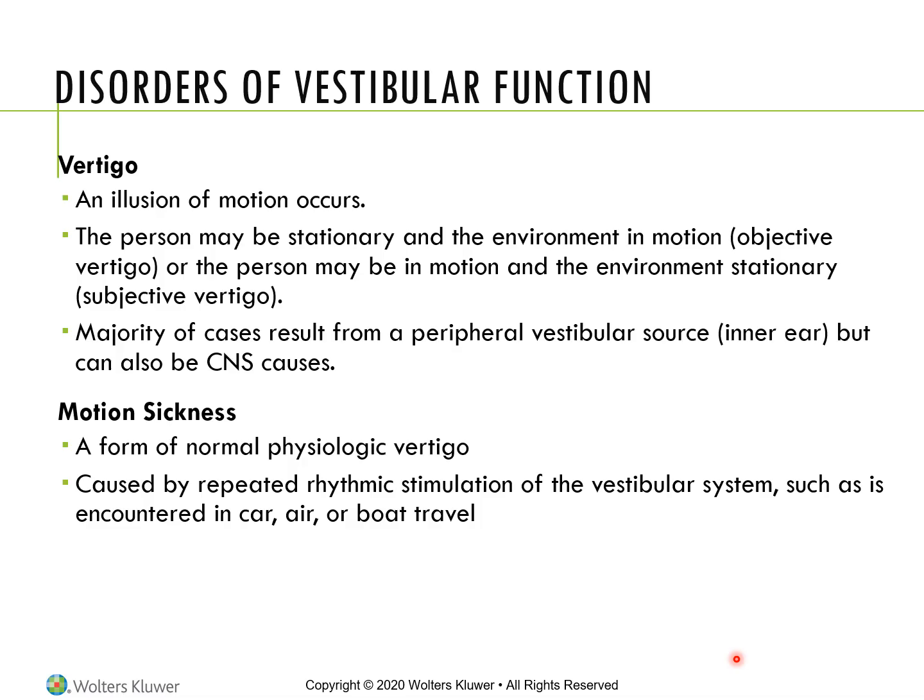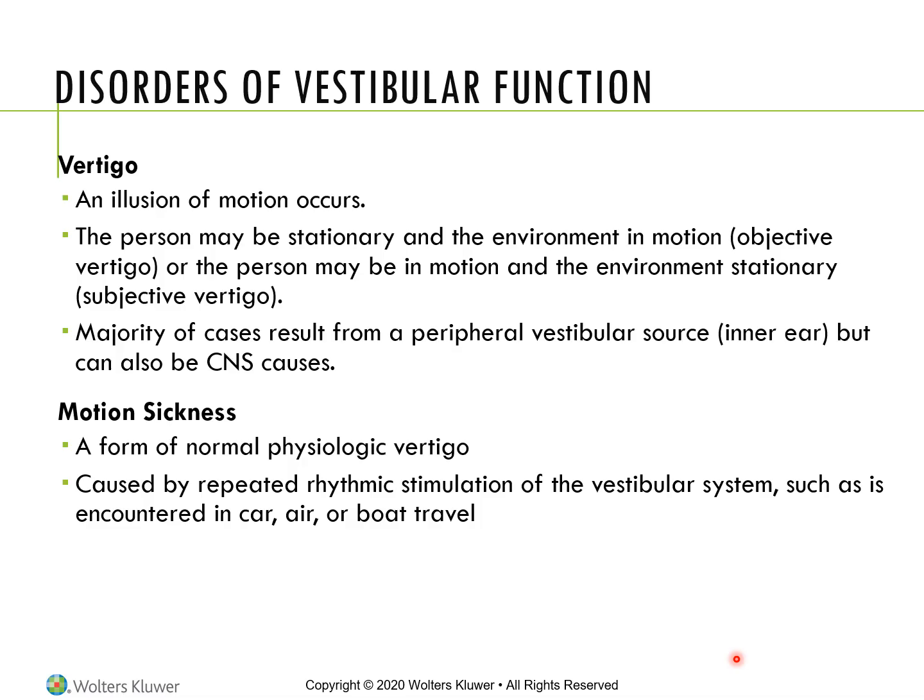So if we get disorders of vestibular function, we can develop disorders of balance. Vertigo is an illusion of motion. You feel like you're in motion even when you're at rest. The person may be stationary and the environment feels like it's in motion. That's objective vertigo. Or the person may be in motion and the environment seems stationary.